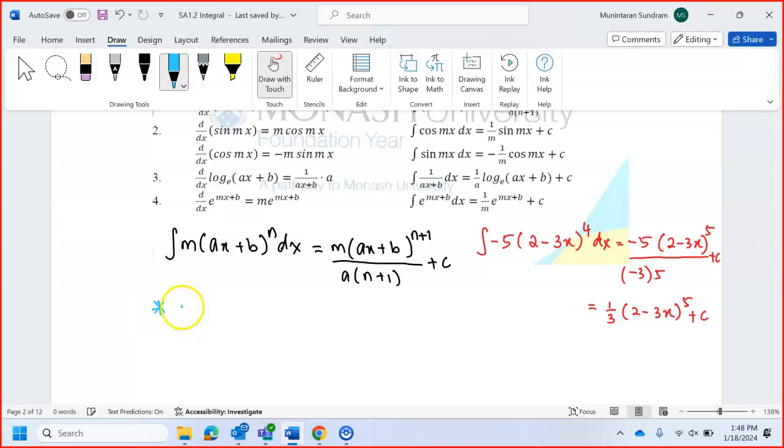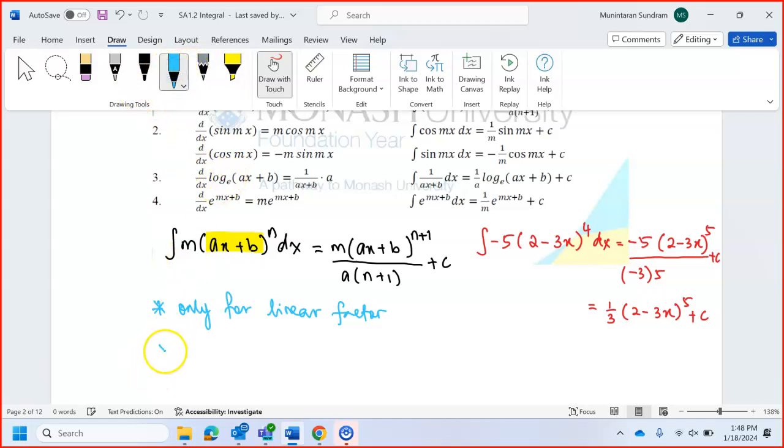First of all, this is only for linear factors. This must be linear. If that is not linear, then you are doomed. Those who are doing advanced maths, you probably can do non-linear lah.